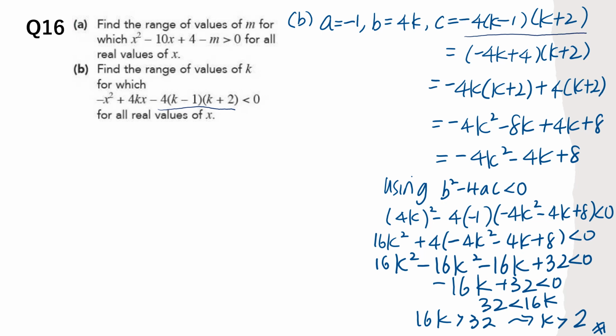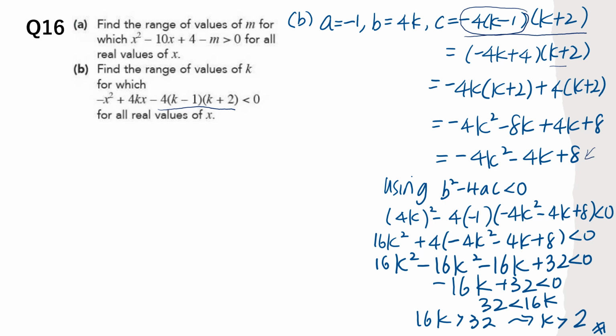So I show here how you can expand it. Basically, we just expand the first 2 terms first. Take negative 4 multiplied with k minus 1 to get negative 4k plus 4. Then multiply with k plus 2. Use the distributive law, and then you end up getting a quadratic expression.